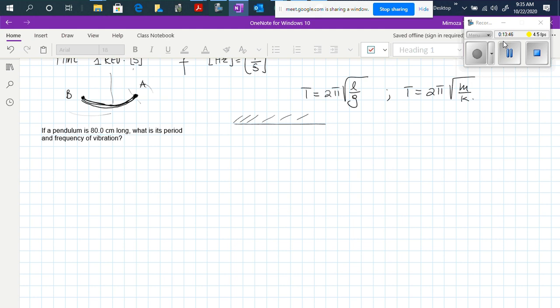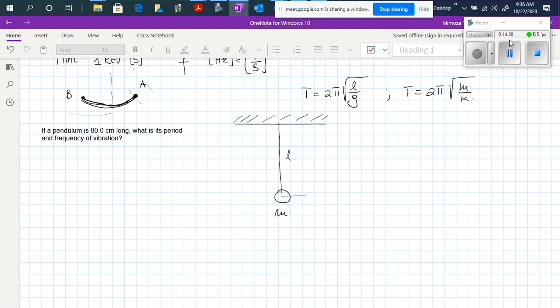So when we have a pendulum with an object of mass m, the period is independent of that mass. What it does depend on is the acceleration due to gravity at that particular place you are dealing with, and the length of the string of the pendulum.